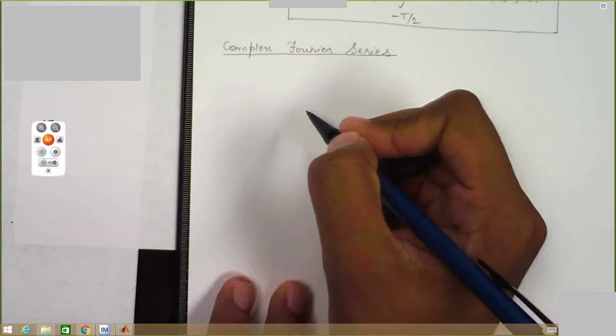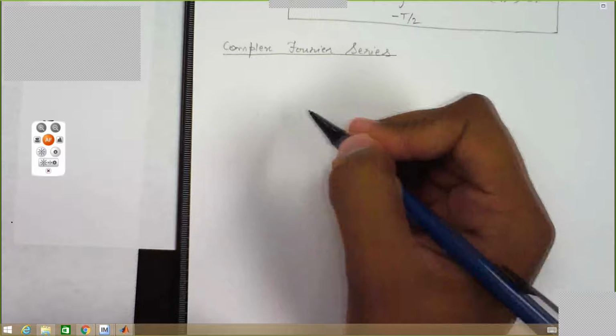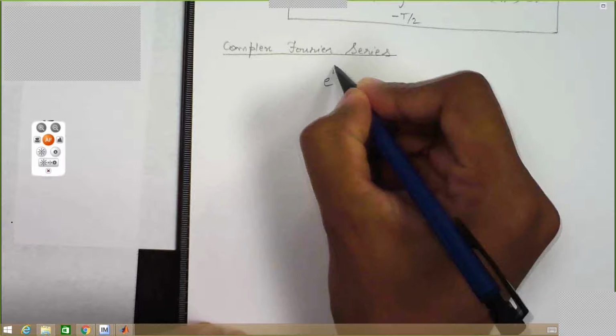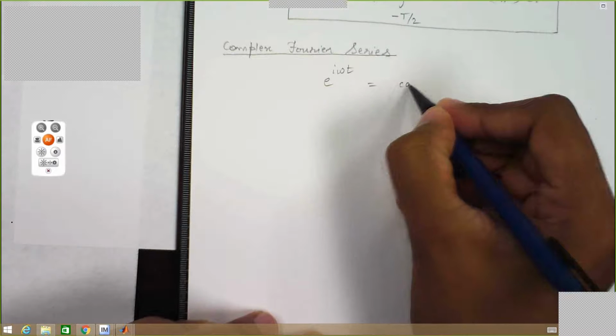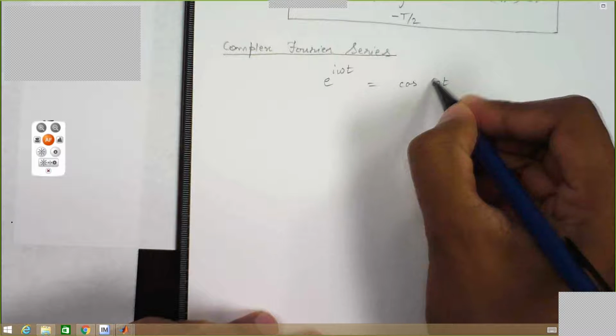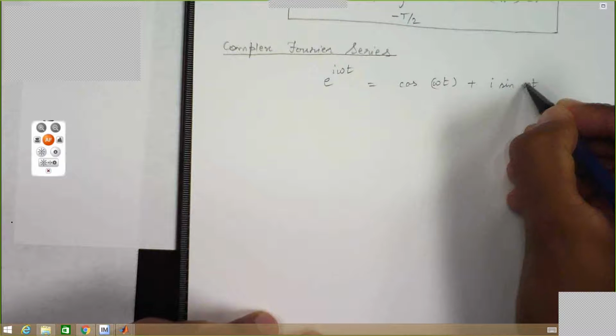From the complex number theory, which we discussed in the last class using Euler's equation, we know that e to the power i omega t is nothing but cosine of omega t plus i sine of omega t.